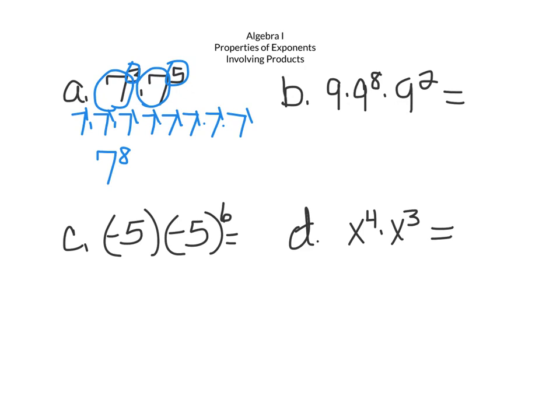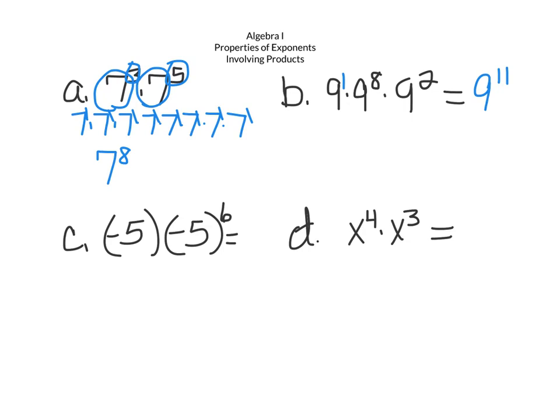When you look at example B, 9 times 9 to the 8th times 9 squared, your base is 9, and then you count your exponents. So on your first 9, your exponent is an understood 1. So you have 1 plus 8 is 9, plus 2 is 11. So that you have 9 to the 11th.